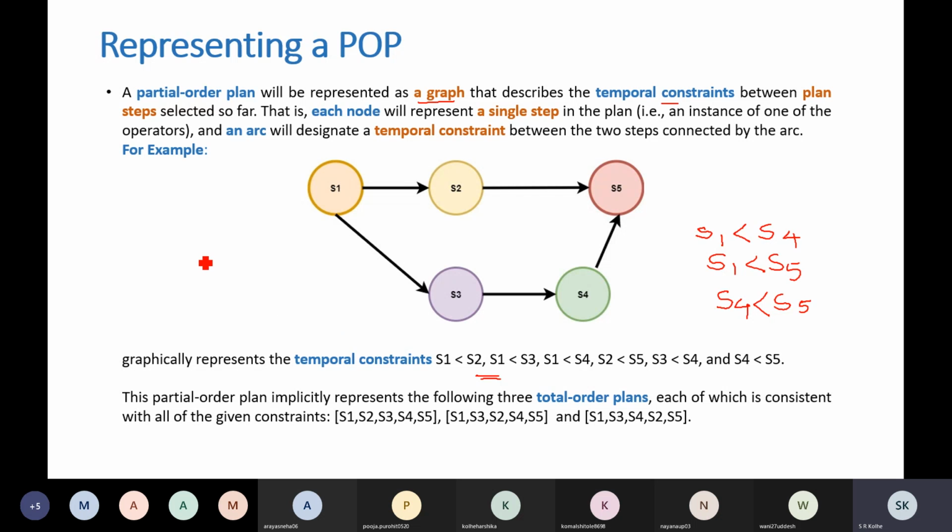In a lattice, we have represented this as S1 is less than S4. That means S1 comes first, then S4 comes. So this is an ordering relation.